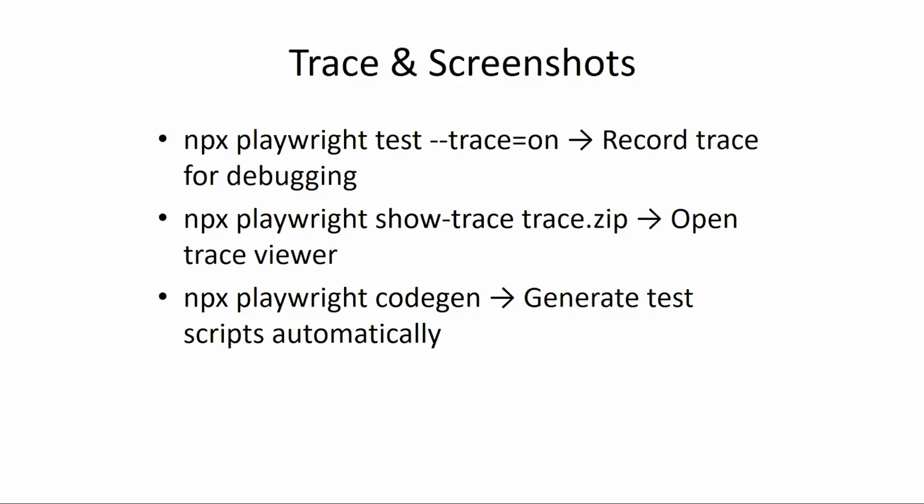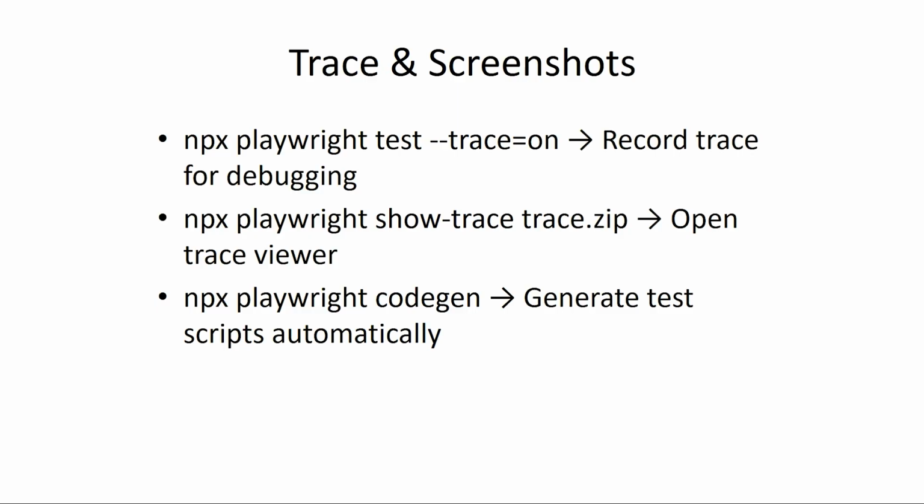In the configuration file, you can also enable this trace on or off, and you can also save the trace in zip format if you want to view the trace in a zip. So open trace viewer. By default, you can generate a screenshot in Playwright.